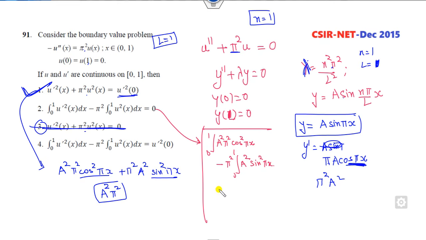A square pi square will be common. Cos square of pi x minus sine square of pi x. So clearly when you integrate them, it gives you 0. A square pi square as a 0. So this option is correct. This option is cancelled. Or you can simplify that. That's very simple.